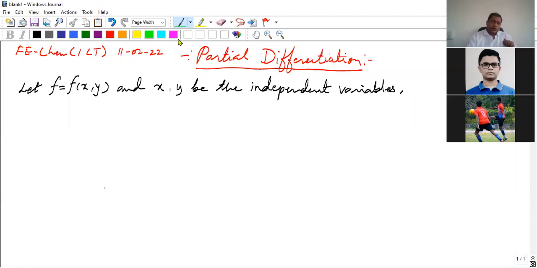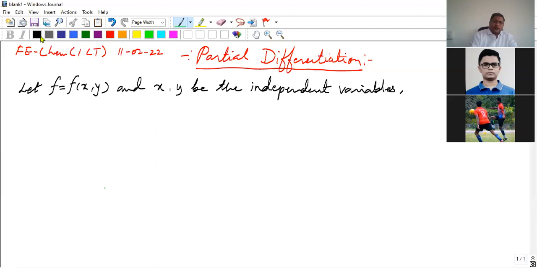So when I am finding the derivative with respect to x, obviously y is treated as a constant, and when I am finding the derivative with respect to y, obviously x is going to be constant. When we say something is constant, then while taking the derivative, we have to take care of that.